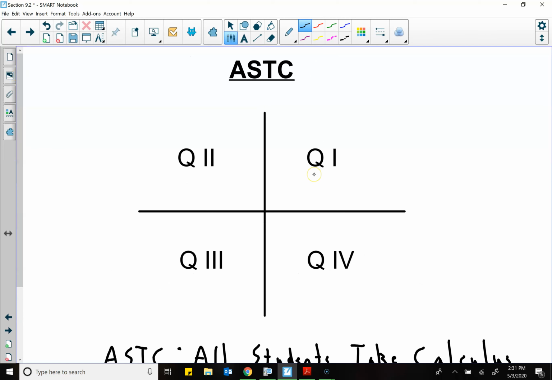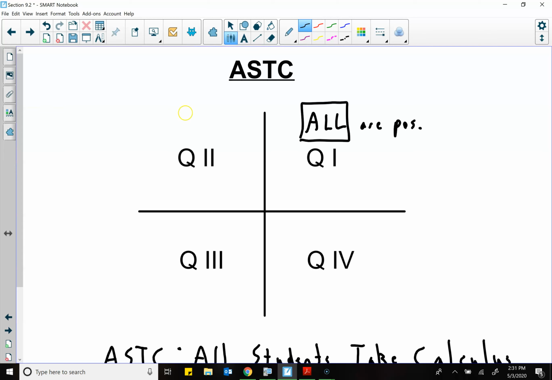So quadrant 1 stands for the A, which represents all. In other words, in quadrant 1, all trig functions are positive. Okay? That's super important. Quadrant 1, everybody's positive. Sines, cosines, tangents, secants, cosecants, cotangents.